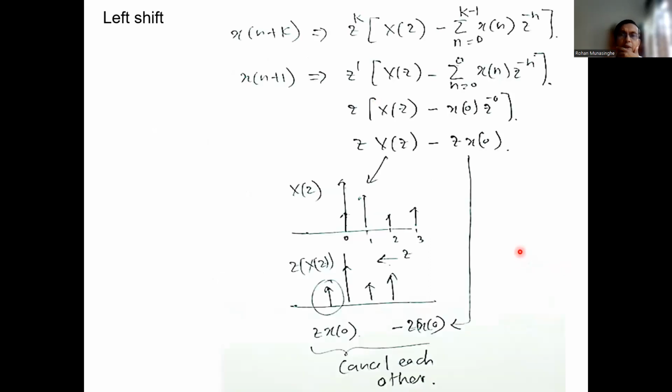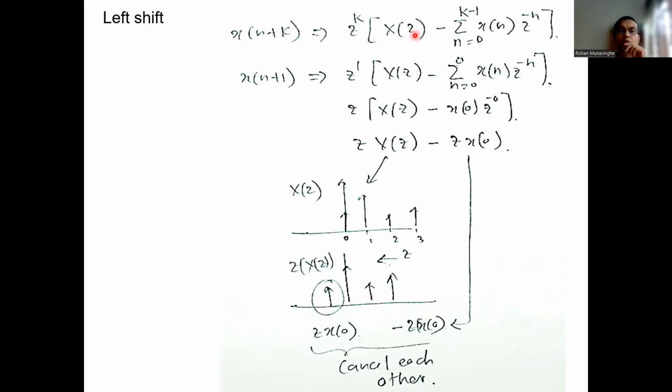So the shift theorem can be illustrated like this for you to understand what's happening here, right? Z of x n plus k, right? So this is a case where you are shifting the sequence to the left, to the negative time, right? Left shift. In that case, it is n plus k. Earlier, it was minus k, right?